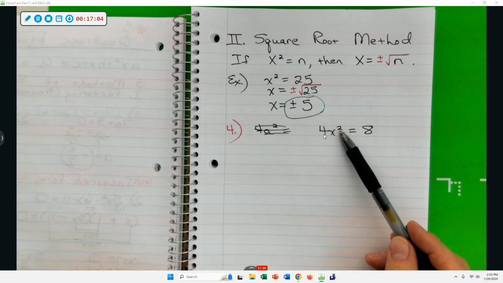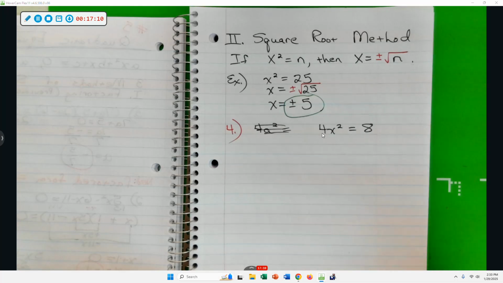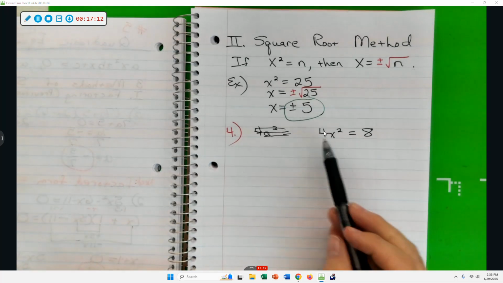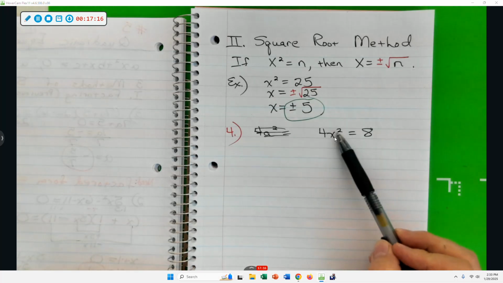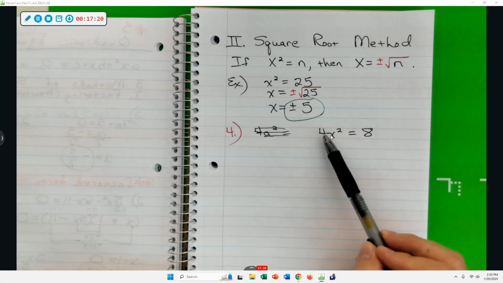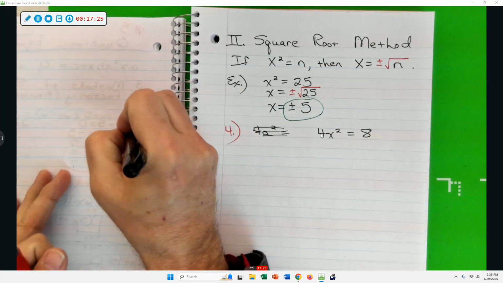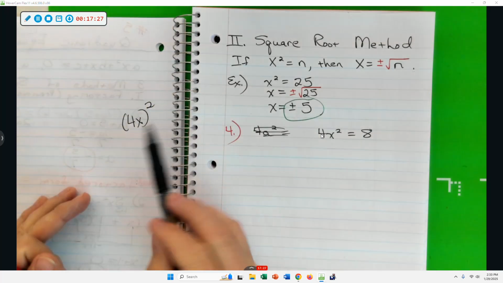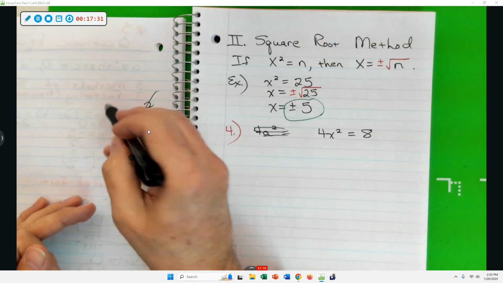Well, what's being squared here? Is the 4 being squared? No. That square only applies to x. If we wanted the 4 being squared, the problem would have to be written with the 4 and the x enclosed in parentheses. That's not what we have.